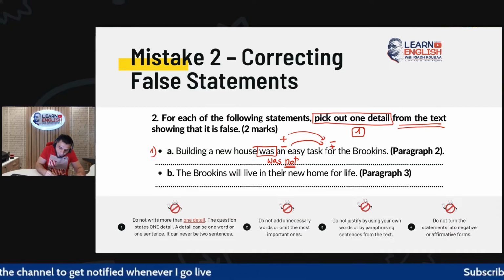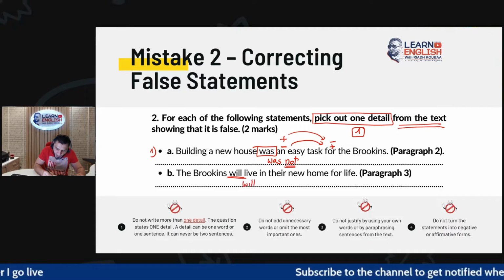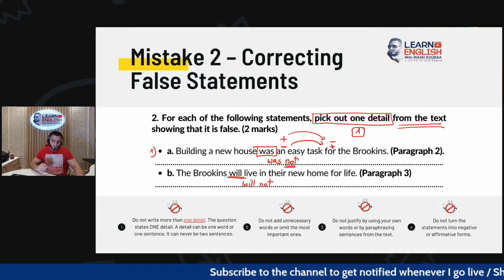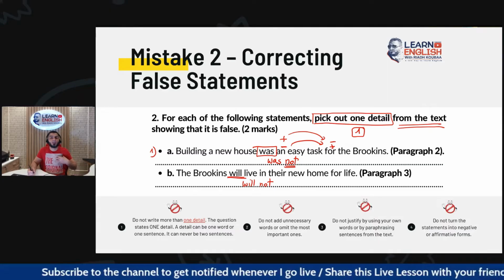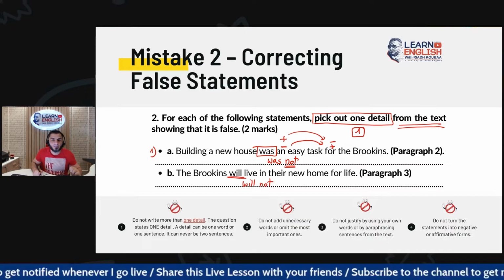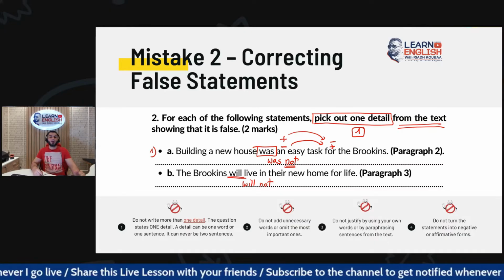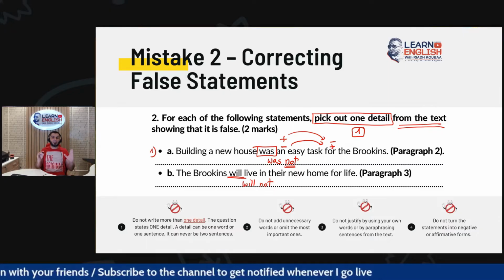For example, here we have the Brookens will not. They write the Brookens will not live in their new home forever. Of course, they will not. But show me, justify from the text that they will not live in that home forever. So these are the common mistakes for this question.